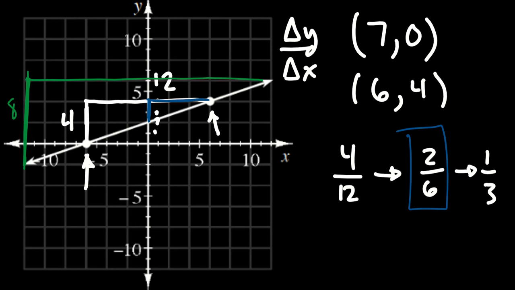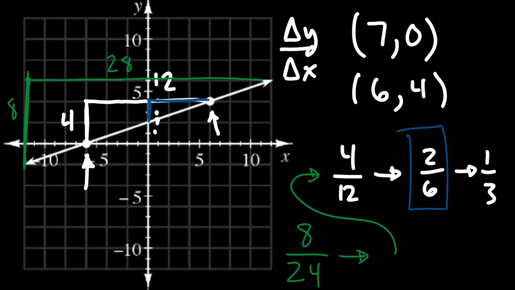My change in y is 8 units, and my change in x is running from -12 to +12, right? 1, 2, 3, 4, 5, 6, 7, 8, 9, 10, 11, 12, 13, 14, 15, 16, 17, 18, 19, 20, 21, 22, 23, 24. Yeah, so this is a change of 24. And if I take 8 and divide by 24, I can divide both of them by 2, and it's right there.